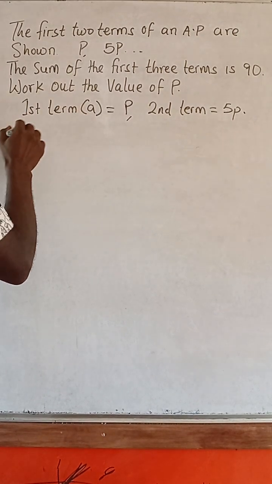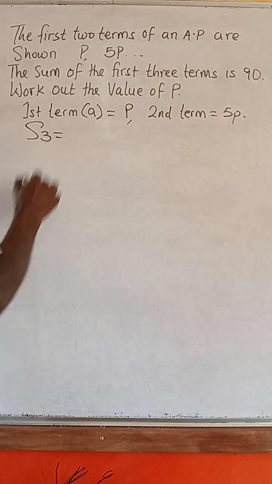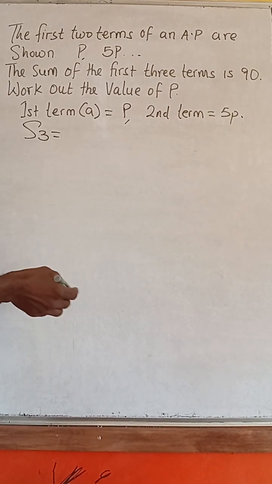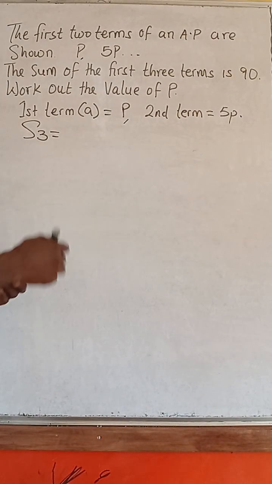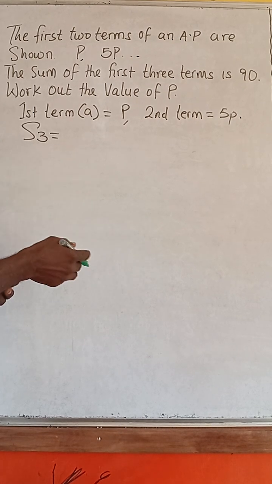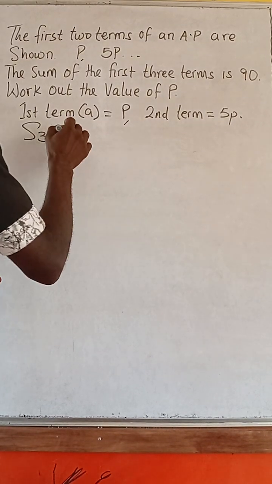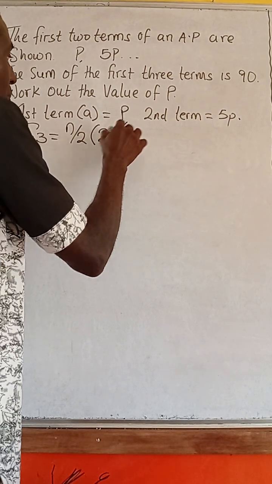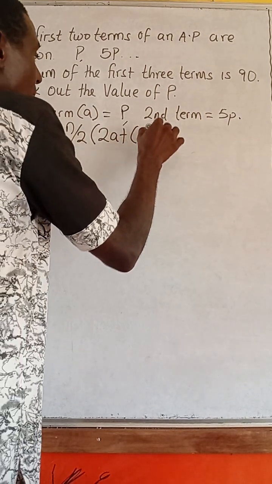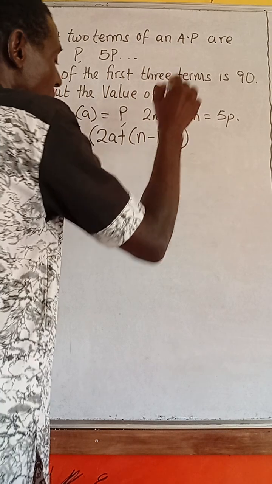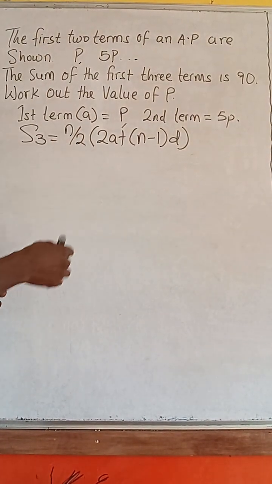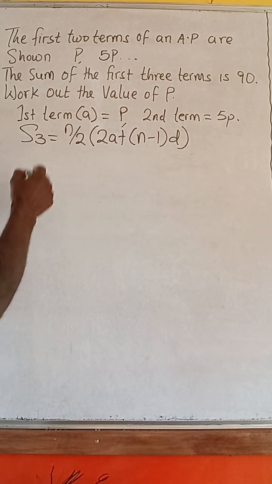So we are dealing with the sum of the first three terms, and the formula for the sum of an arithmetic progression, especially when the last term is not known, is n over 2 bracket open 2a plus bracket open n minus 1 d, then close the bracket. Now n stands for the number of terms, and we are taking three terms.